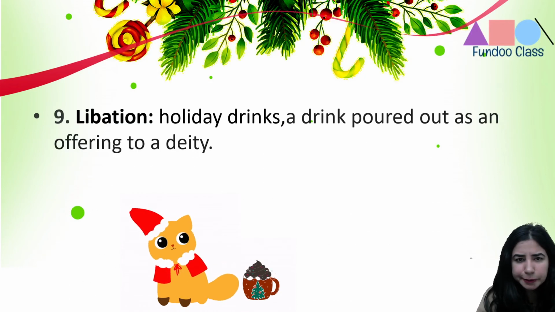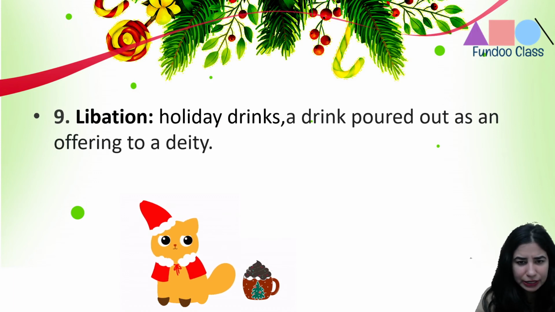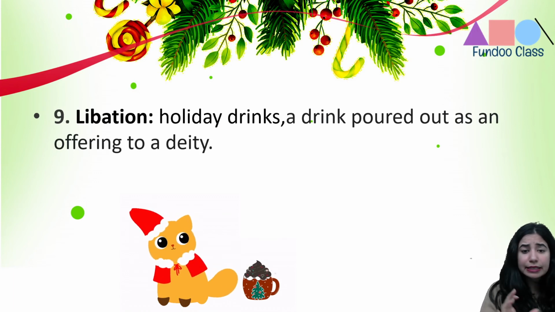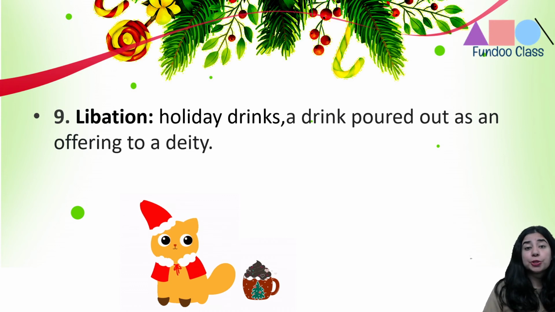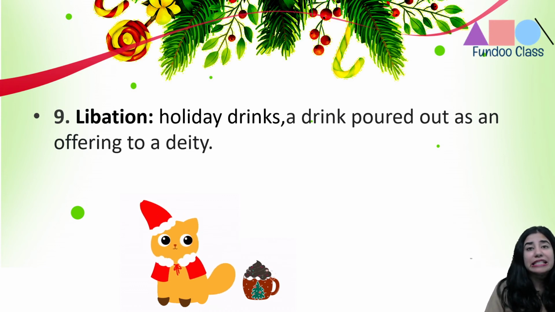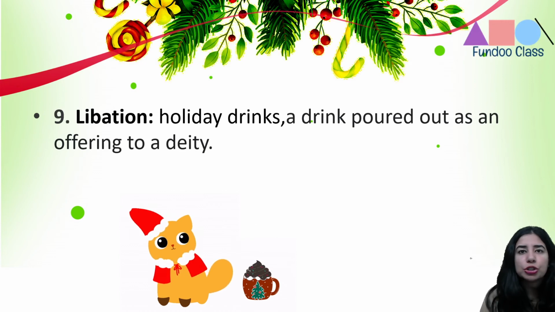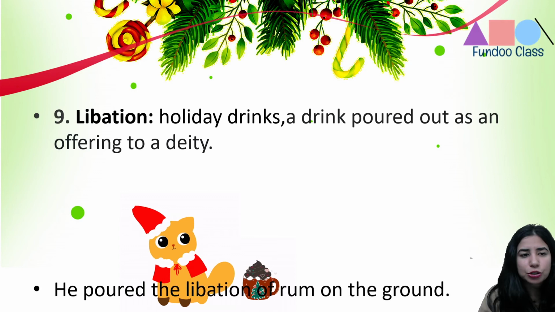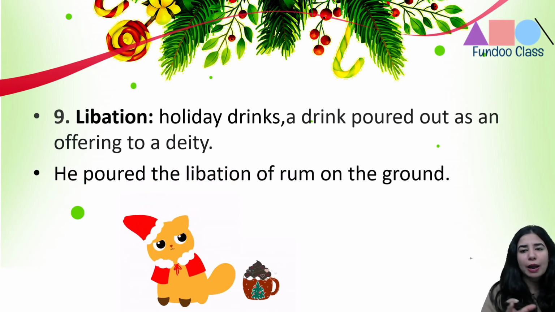So what is this kitty doing? There's a cake, and okay, it's a cup, and then there's a drink, and there's a Christmas tree on it. So libation: holiday drinks, a drink poured out as an offering to a deity. Deity means whom you worship, so we call it deity. Okay. So libation. So he poured the libation of rum on the ground.